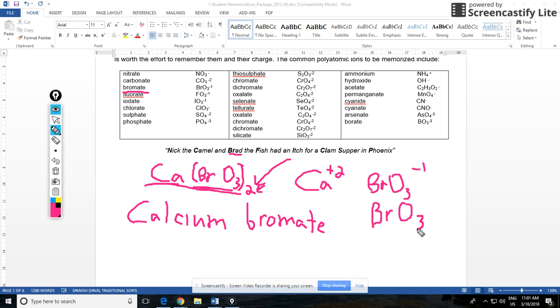The 2 bromates together make an overall charge of -2, plus 2, that makes 0, and that's what the formula indicates. Remember, the little numbers do not indicate the charge, they indicate how many of those ions are present within this particular compound or unit.